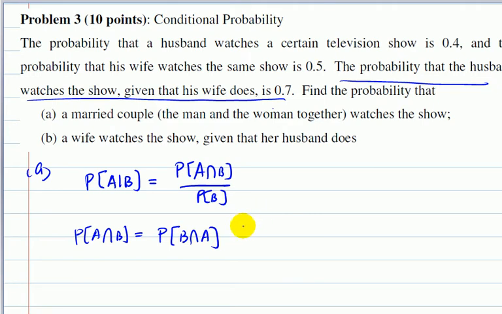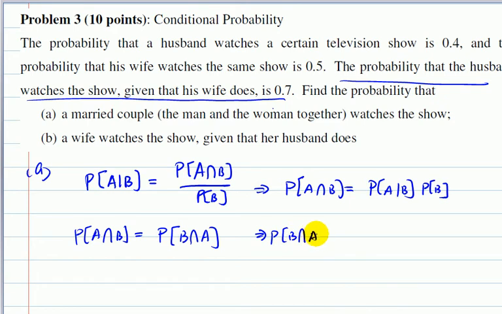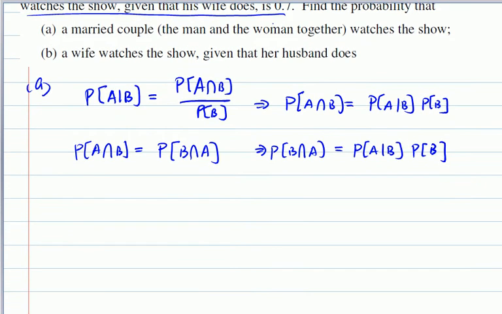So if I replace this over here, P(A and B) equals P(A|B)P(B). Because this equals that, P(B and A) equals P(A|B)P(B). So that's a little variation here.